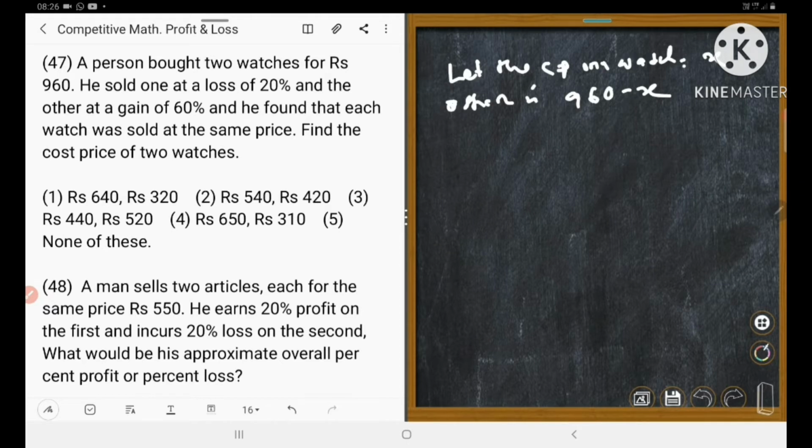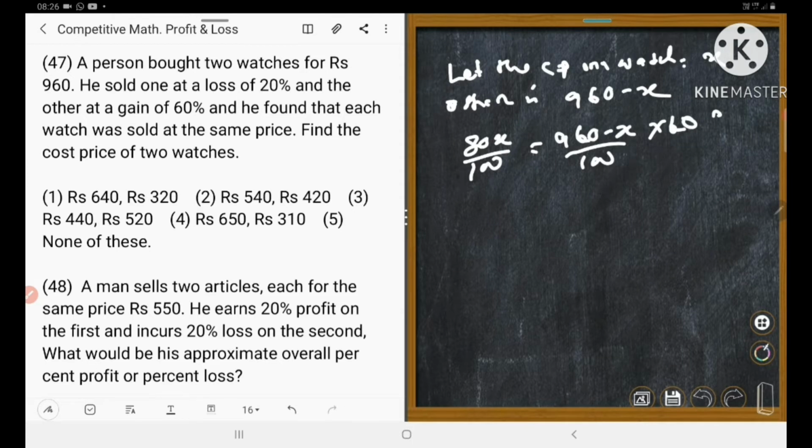As per the question, 20% loss and 60% profit, the selling prices are the same. That means 80x upon 100 is equal to (960 minus x) upon 100 into 60.